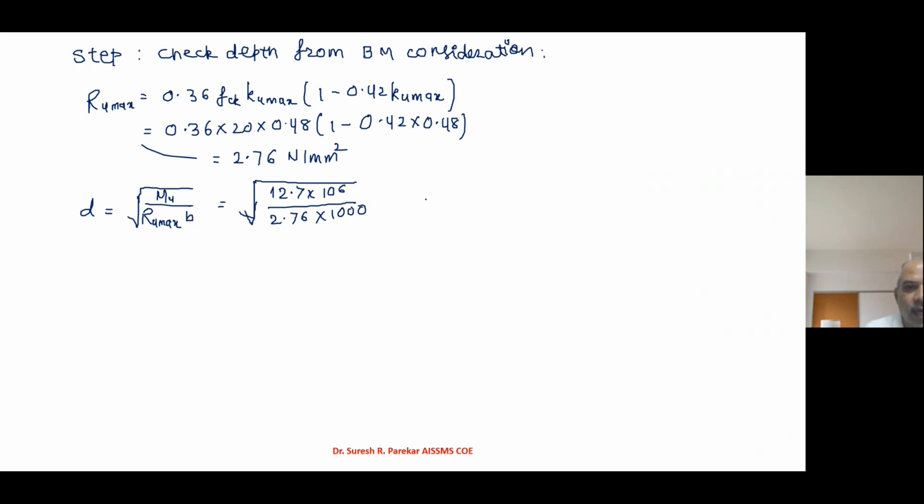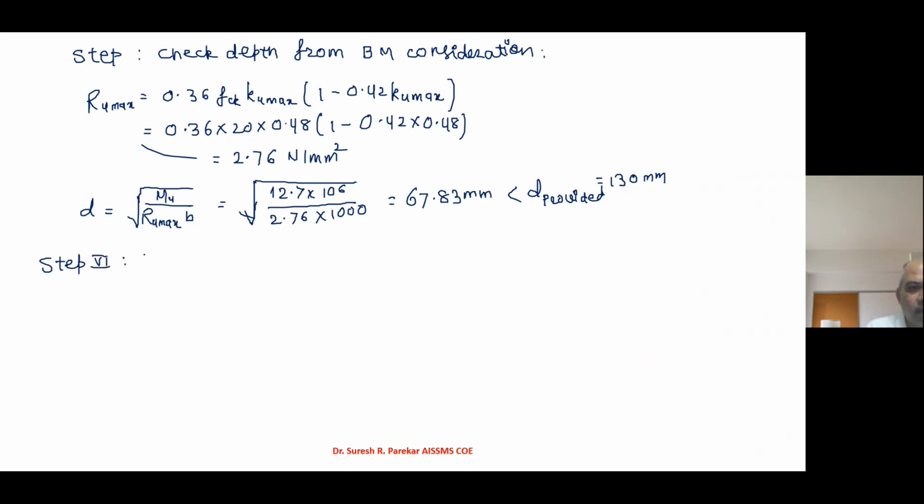If we calculate, we get the value of D as 67.83 millimeters. Now this value is less than the D provided, which is 130 millimeters. Then we have step 6.